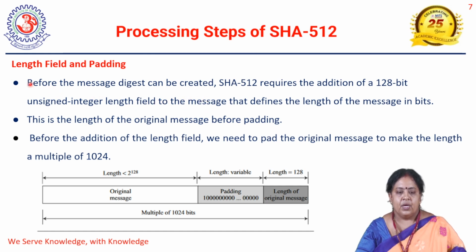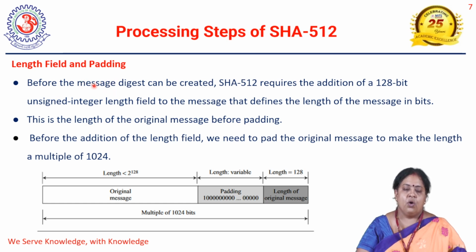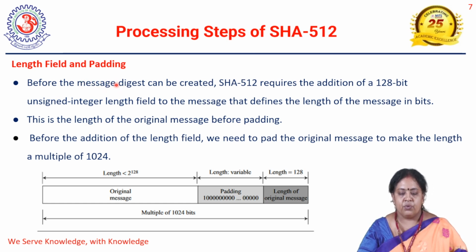Is it clear? So before the message is processed, we have to add an additional 128 bits to the message so that it represents the length of the original message. For example, see in this diagram, this is the original message and it should be less than 2 power 128 bits.